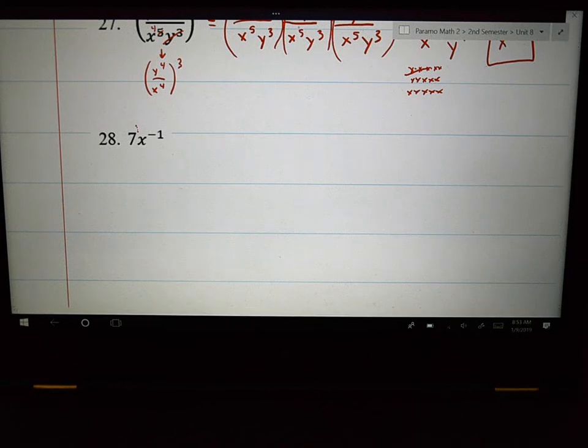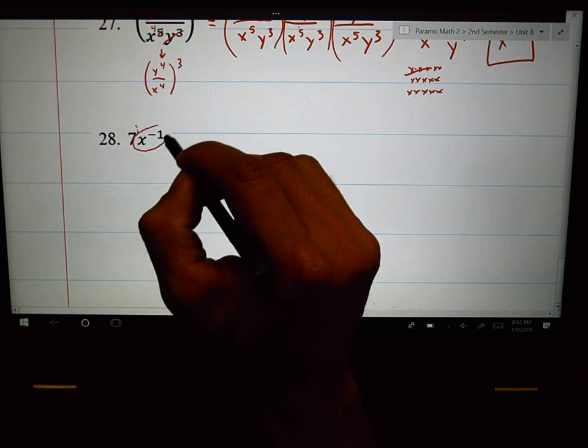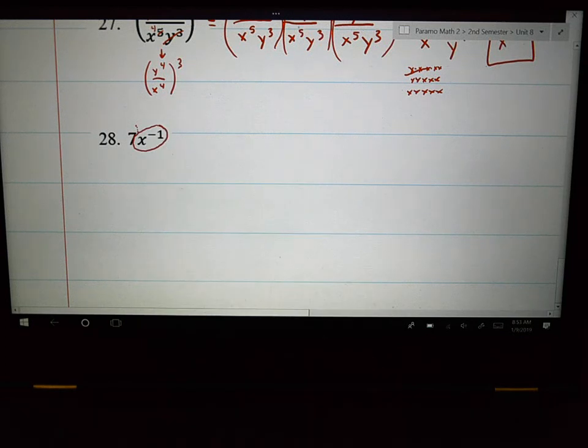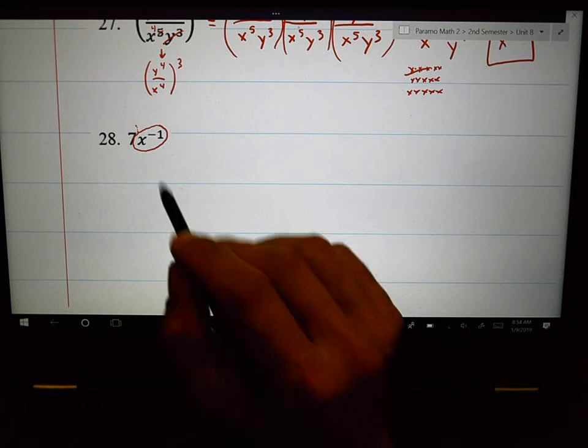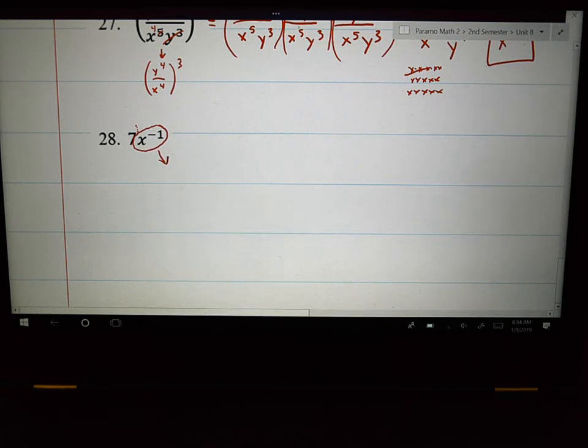So I'm going to do this. Before I even start the problem, I'm just going to circle this so that you realize this is separate. The 7 stays where it is. To write this as a positive exponent, on your rule number 4, that you have that a to the -m, if something's negative, it turns into a positive when it moves from the numerator to the denominator.